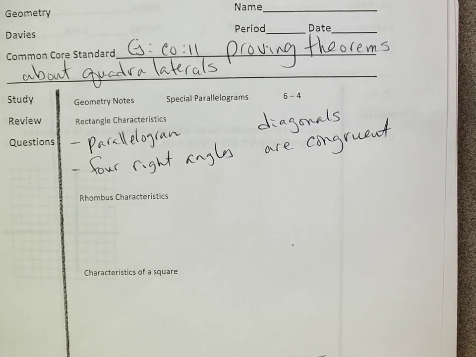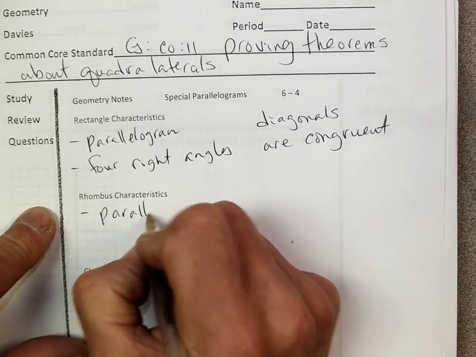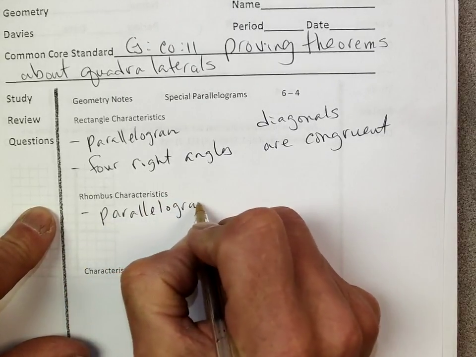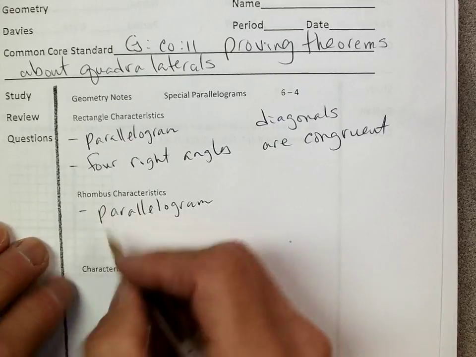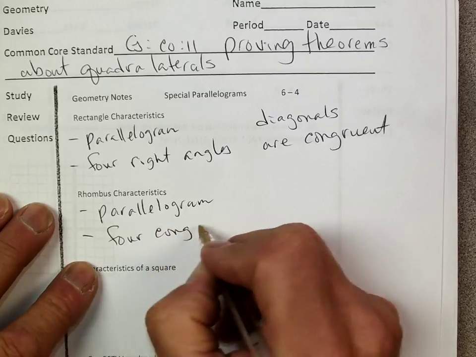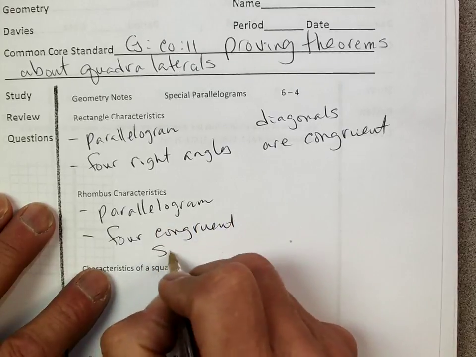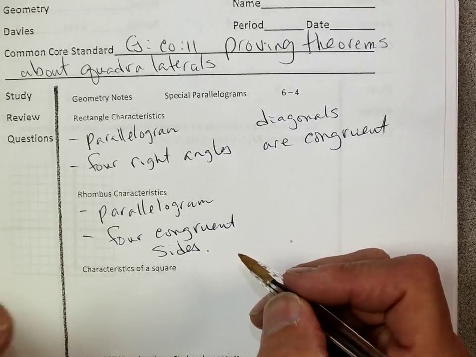All right. What about a rhombus? Well, if we call it a parallelogram, then same thing, right? Opposite sides are equal, opposite sides are parallel, opposite angles are equal, and diagonals bisect each other, okay? Those we know. But what else do we know about a rhombus? Well, it's got 4 congruent sides, and a couple other things that we know about a rhombus.